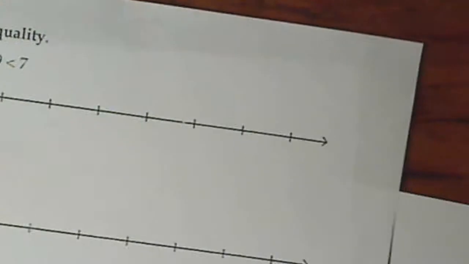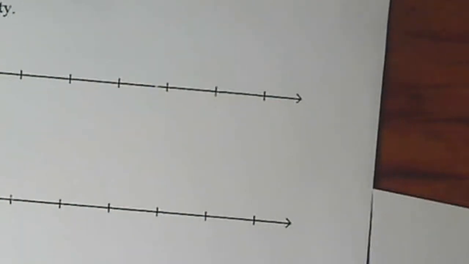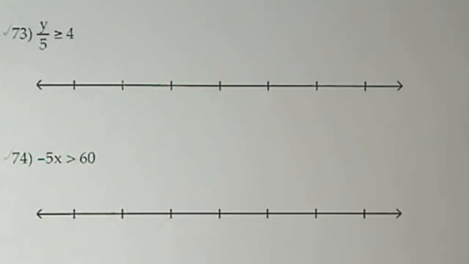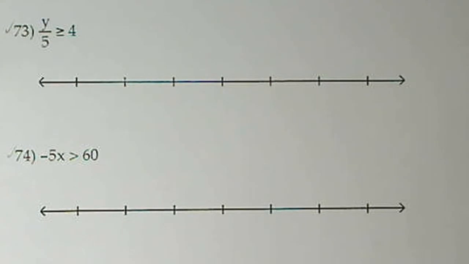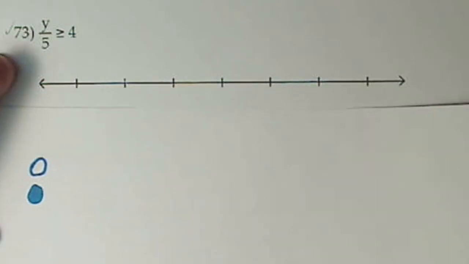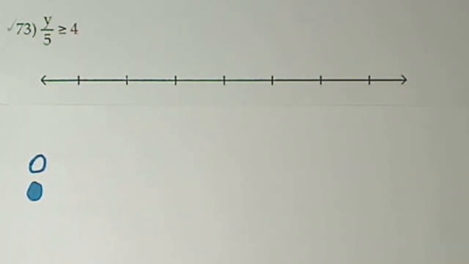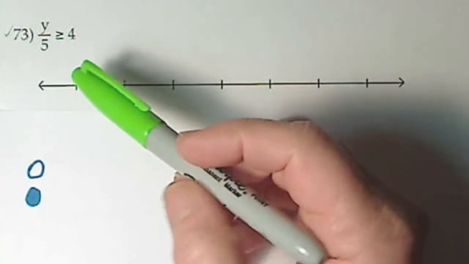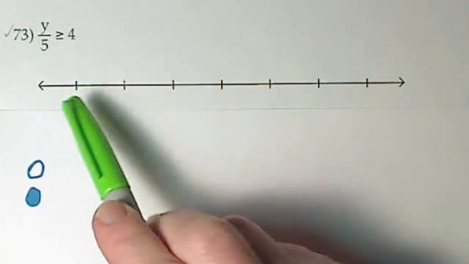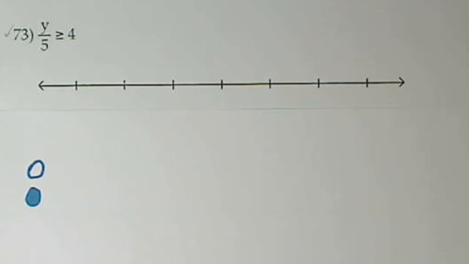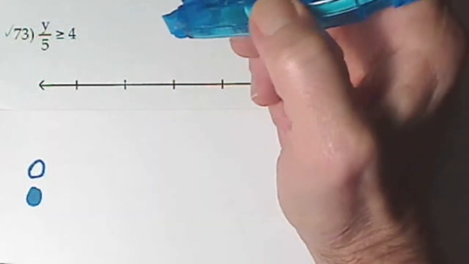We're going to look at number 73 now. And we have to solve this inequality before we can graph it. Okay, it's not solved because you've got y divided by 5, so we need to get rid of that 5. There's different ways to think about it, but I'm just going to address it basically the way it's written.